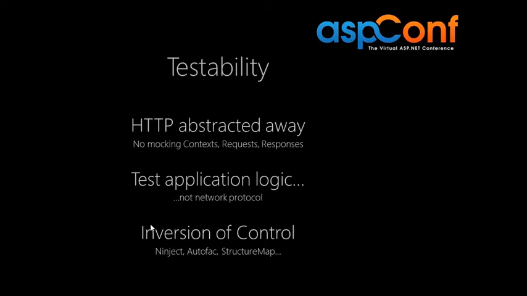Testing web applications, testing controllers and various things is generally rather challenging, because you have contexts, you have requests, you have all these different aspects of an HTTP application that you need to mock up in some way in order to be able to test usually a fairly small and self-contained piece of functionality. And as you've seen, SimpleWeb doesn't actually require you to talk to any of these HTTP things. It defines these interfaces.